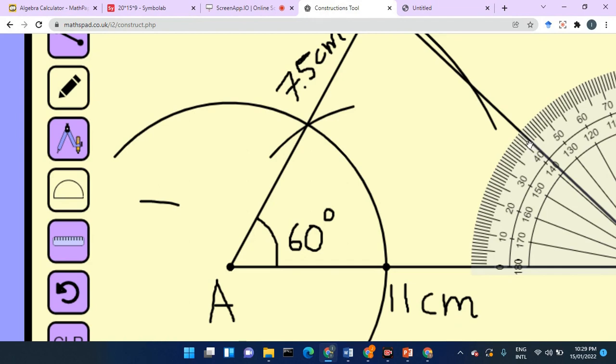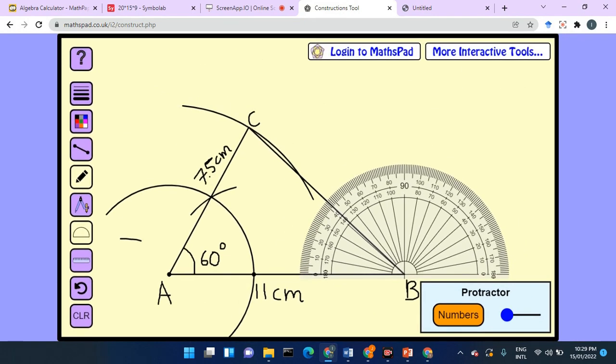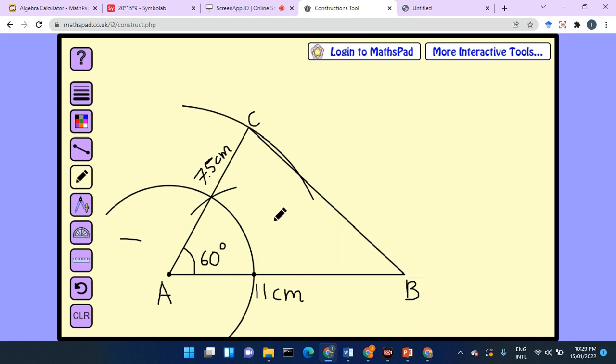Sorry, let's look carefully. This is 40, this is 41, 42, 43, 44, 45. So according to our diagram, we got 42. The angle measures 42 degrees. Based on our diagram, angle B measures 42 degrees.